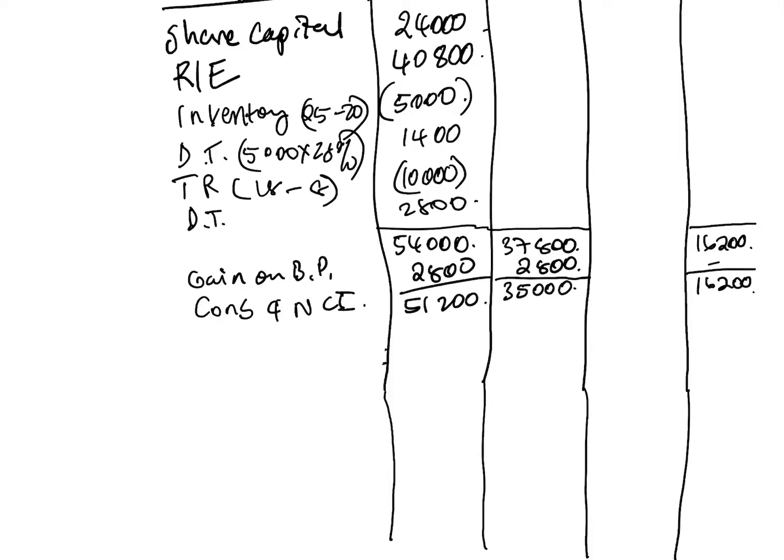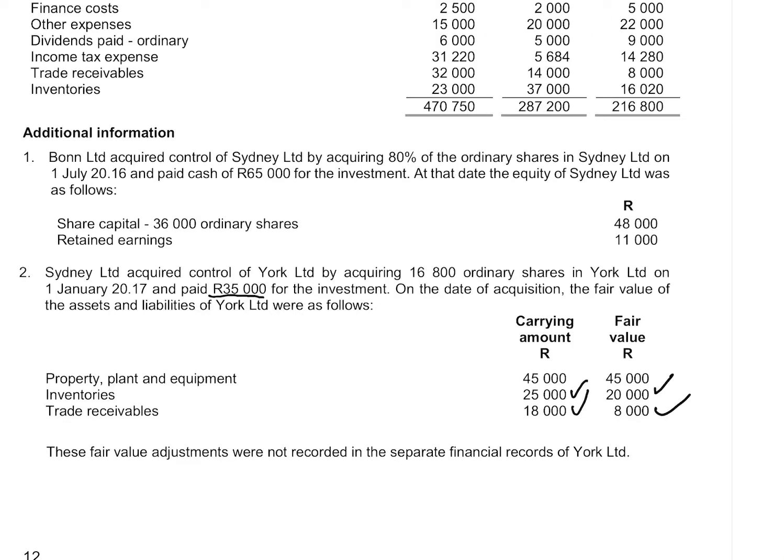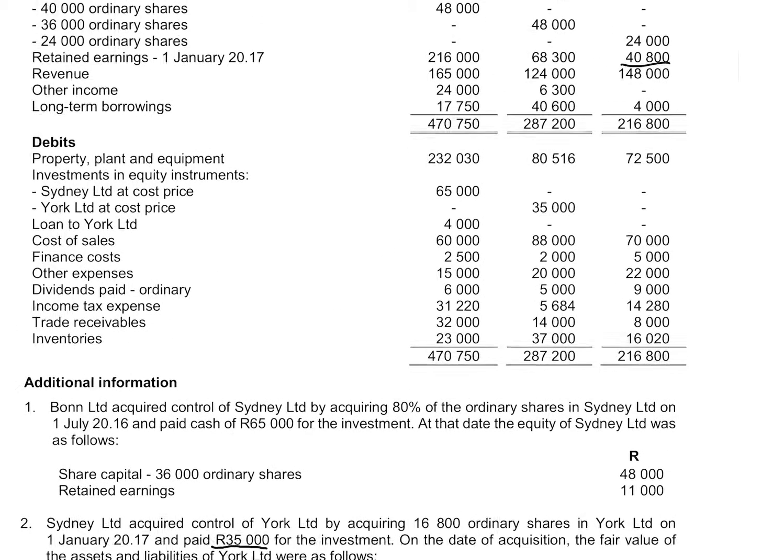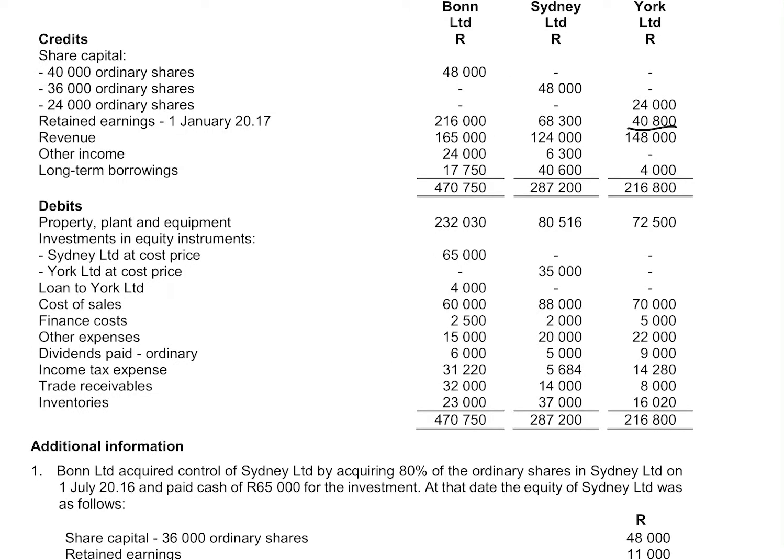So I'll put my current year. The current year, we have to calculate the profit. How much profit are we going to make? When you're calculating your profit, good people, you are going to look at the profit that was made by Yoko. There is revenue of 148,000.